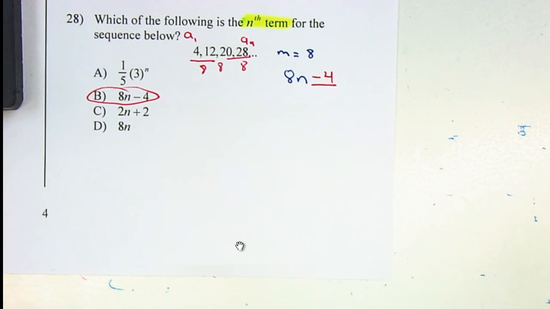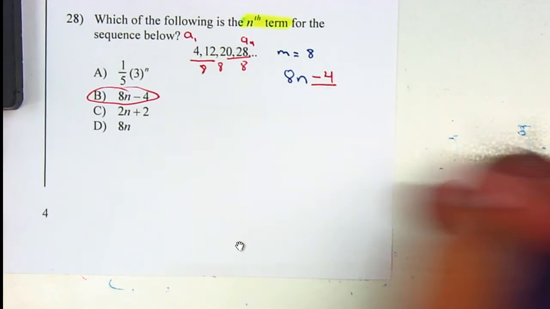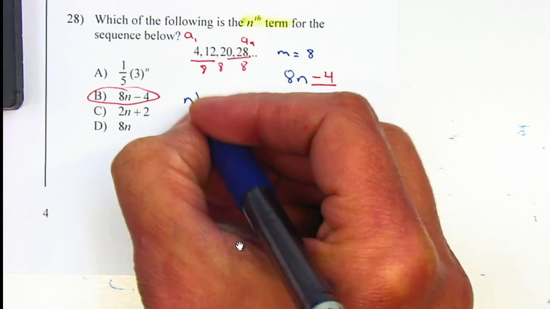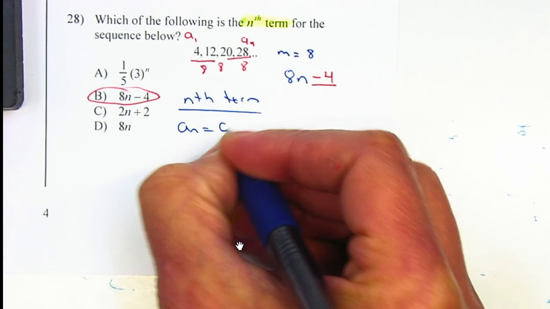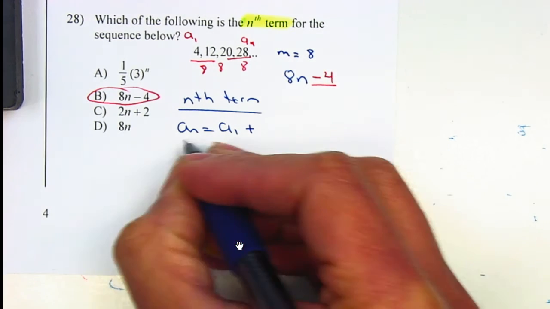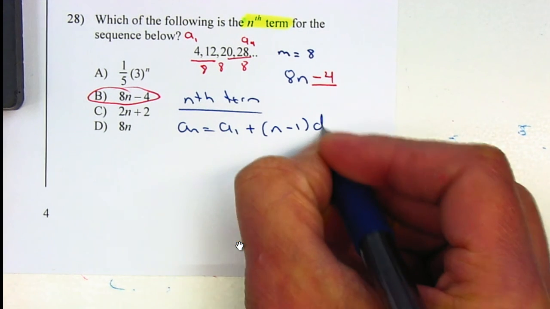That'll be my answer. Another way of doing this is that if you notice it's arithmetic, you can go through the process of finding the nth term. It'll be a sub n is equal to a sub 1 plus, you remember the rest? For arithmetic, n minus 1 multiplied by the difference.